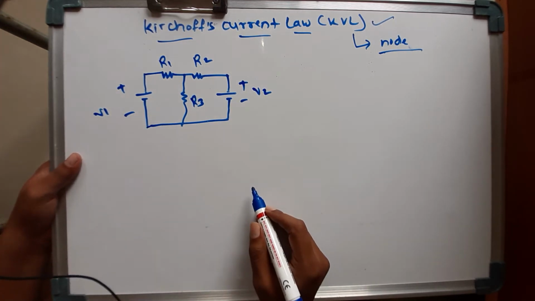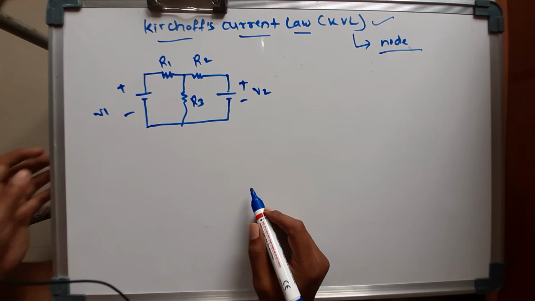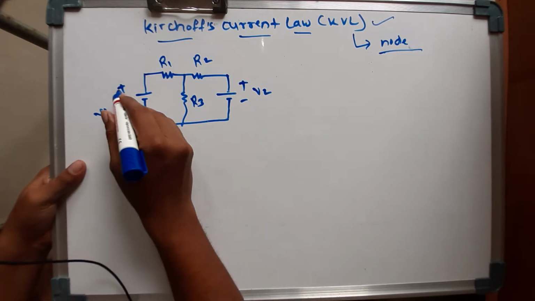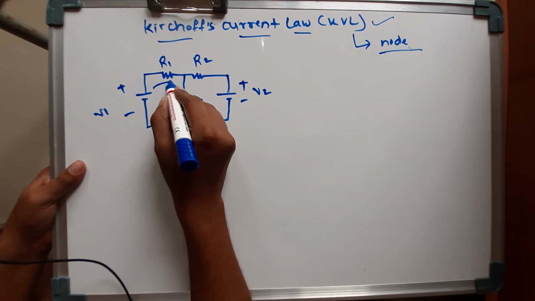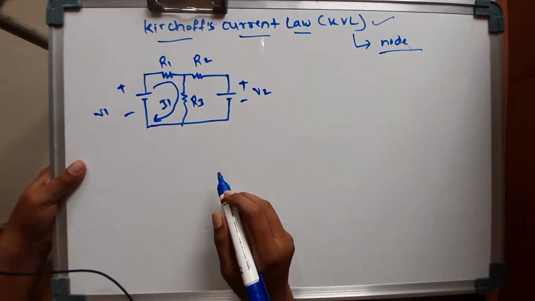So for this we have to find out the equation for the currents flowing through the circuit. Here V1 is plus minus, so current is always flowing from plus to minus, so I will mention this one as I1.